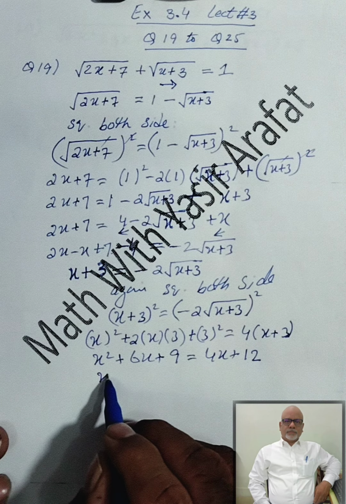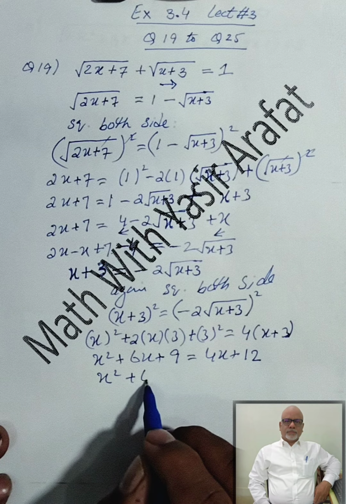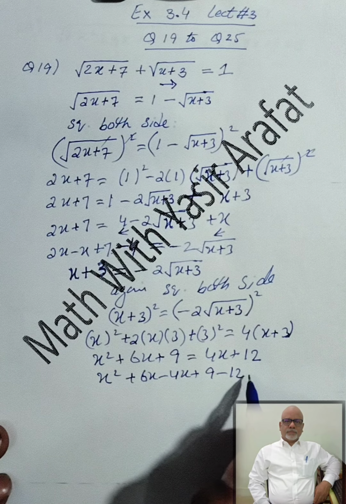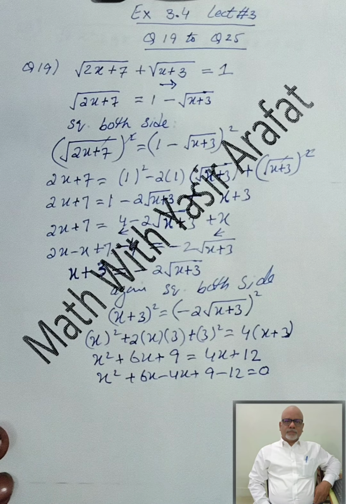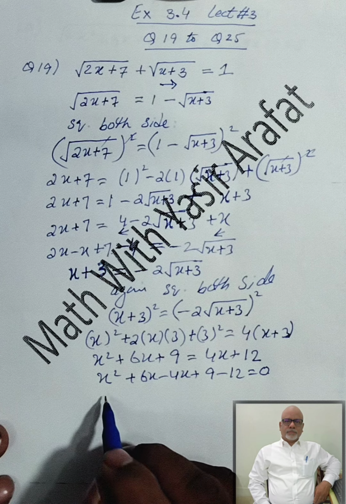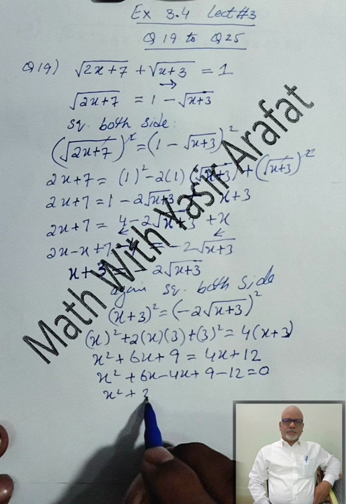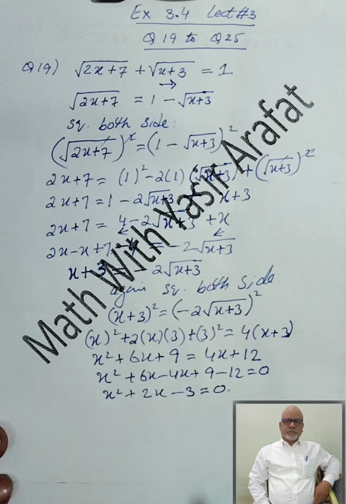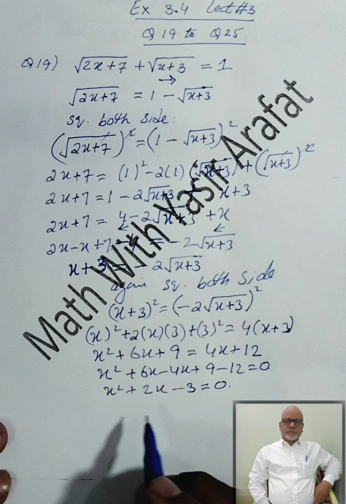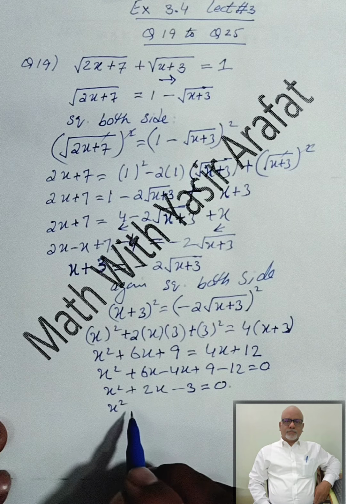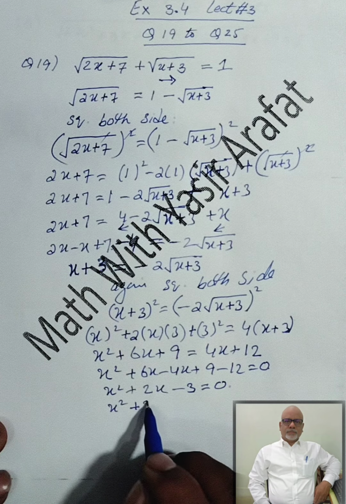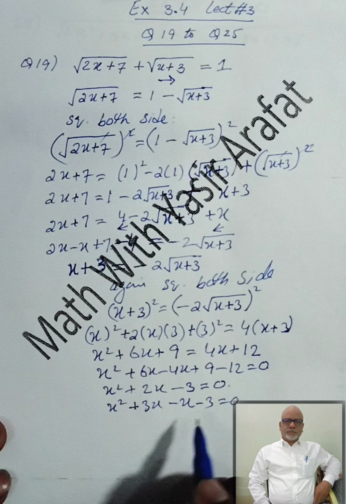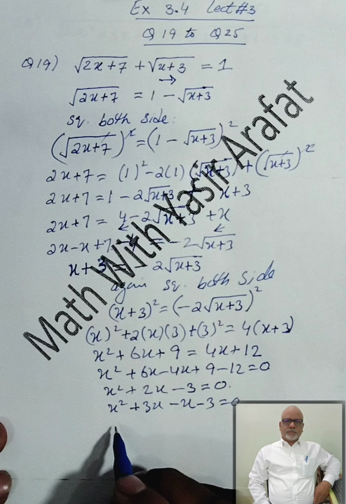Shift all numbers to the left hand side, x square, 6x minus 4x plus 9 minus 12, it is equal to 0. And this is x square plus 2x minus 3, it is equal to 0. So middle term, we have to use the middle term break method here, that is 3 ones are 3. Plus 3 minus 1 is 2.